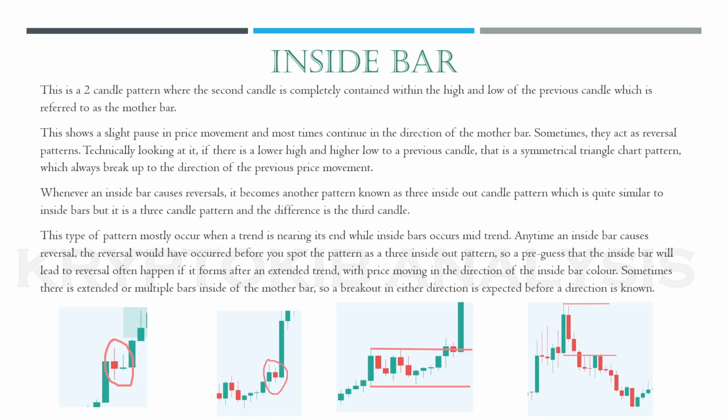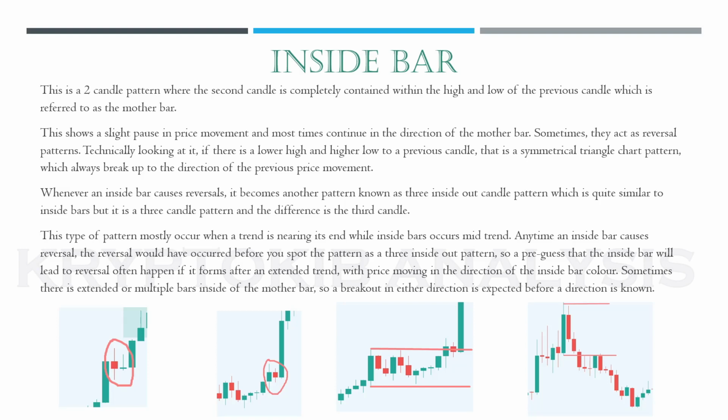In the engulfing candle, the current candle is the one that engulfs the previous candle's body, whereas in this inside bar, the previous candle is the one that engulfs the current candle within its highs and its lows, not just the candle body. This shows a slight pause in price movement and most times continues in the direction of the mother bar. Sometimes they act as reversal patterns.